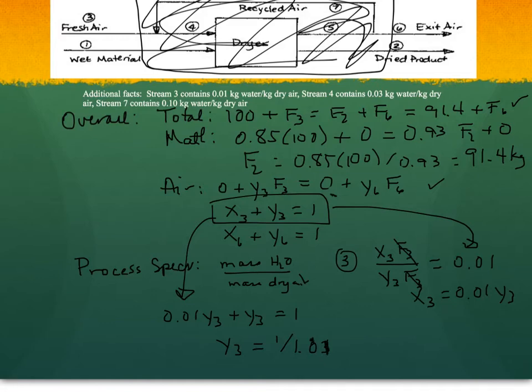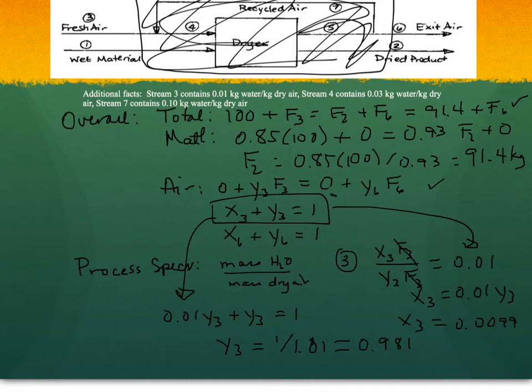That's a 1, isn't it? You guys noticed that before I did, I bet. So 1 over 1.01, and when I calculate that, I get roughly 0.981, and x3 is 0.0099.